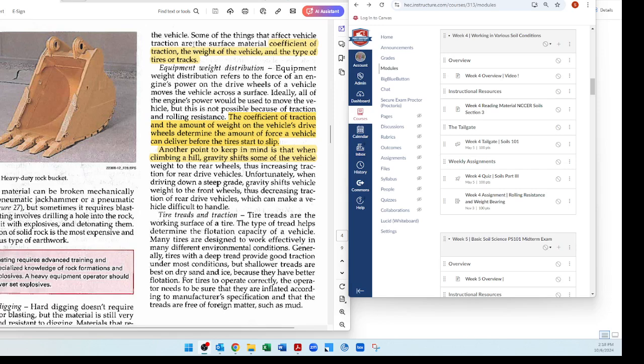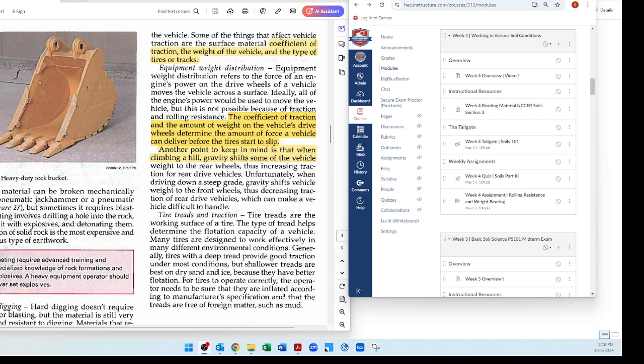The vehicle. Some of the things that affect vehicle traction are the surface material. That's what we've been over, the mud versus the sand versus the asphalt and things like that. Now it throws in a big fancy word here, which is actually beyond the scope even of NCCER.